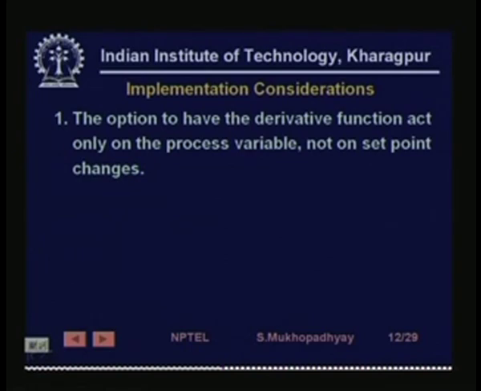I will just list them, in no particular order, and some of them you have already seen. First, the option to have the derivative function act only on the process variable and not on set point changes, because set point changes can be step-like. That would suddenly induce a very high input to the plant.